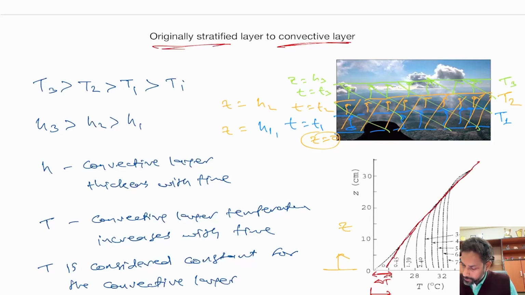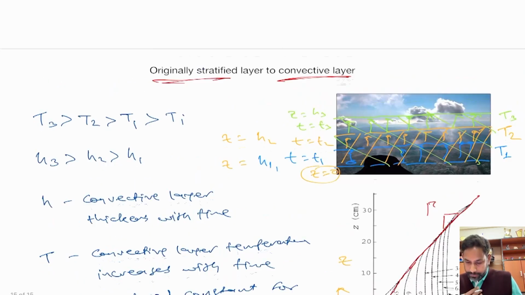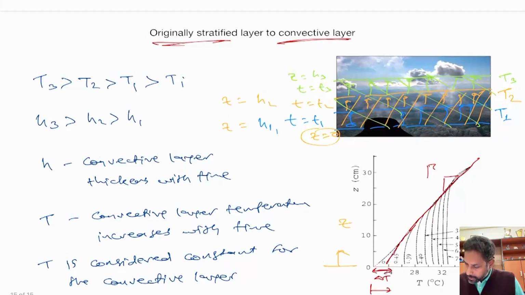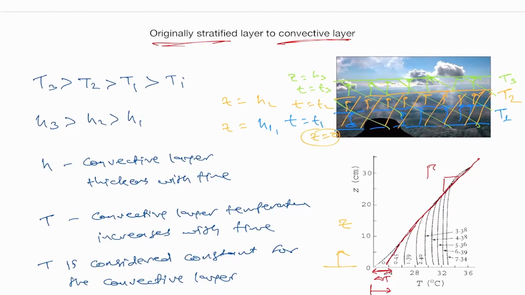That gives you the slope as sigma. Sorry, I was calling this lambda, but that's actually sigma. Okay, so that was the original temperature. This gives you the Ti, right?